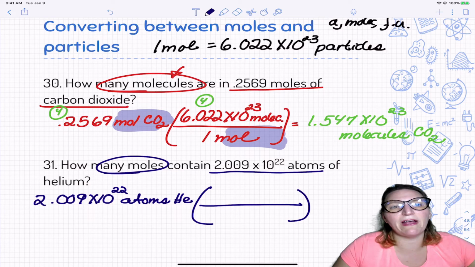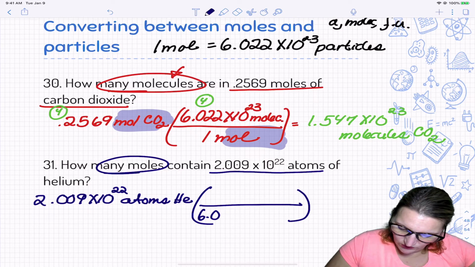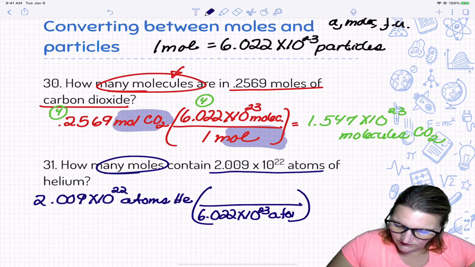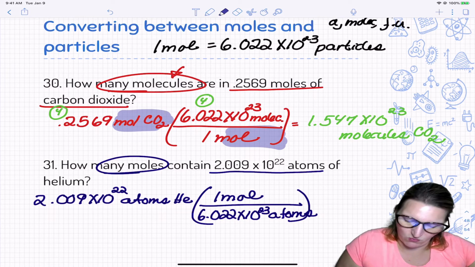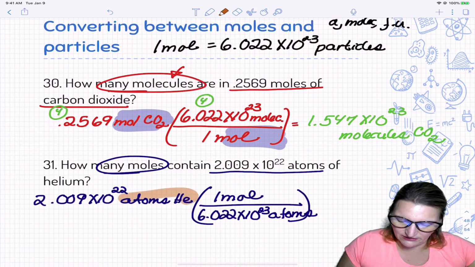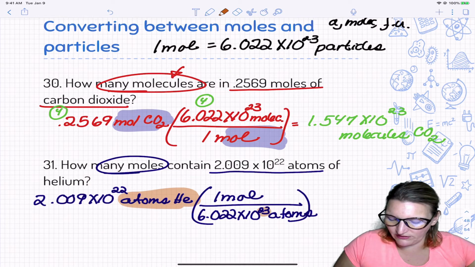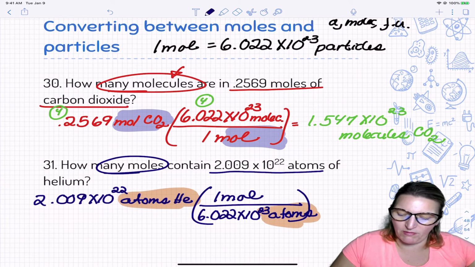Look at that conversion factor at the top of the page. Which one goes where? 6.022 times 10 to the 23rd atoms goes on the bottom, and 1 mole goes on the top. Why? Because, as always, if the word atoms is out front, the word atoms must be on the bottom.